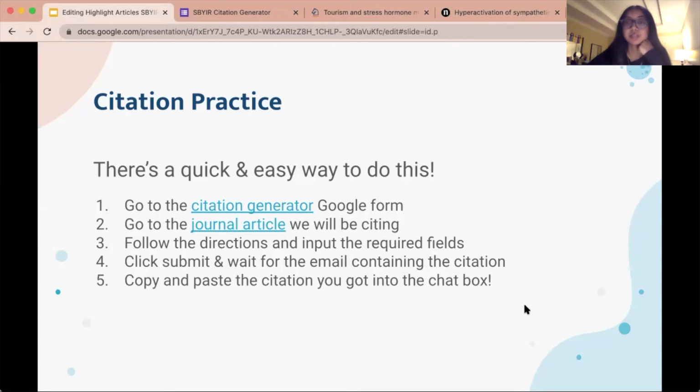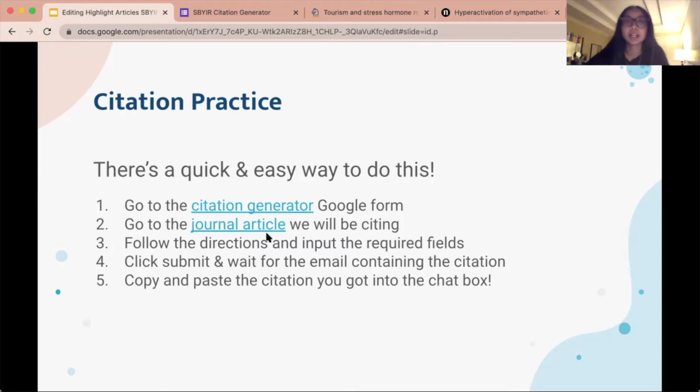If you guys can also open up the journal article, that would be great. I'll give everyone a few seconds to do that as well. Okay, if everyone has both the citation generator and the journal article open, we can get started.